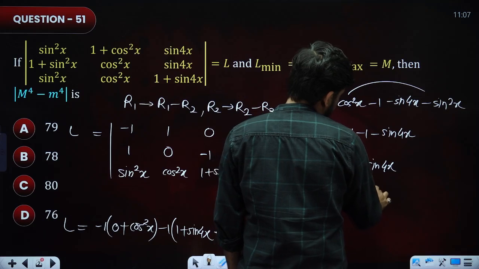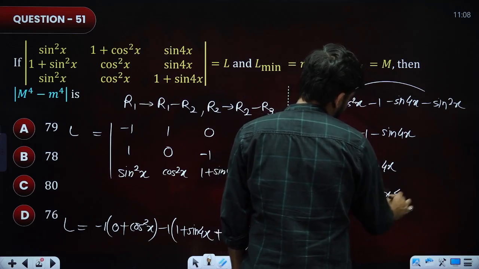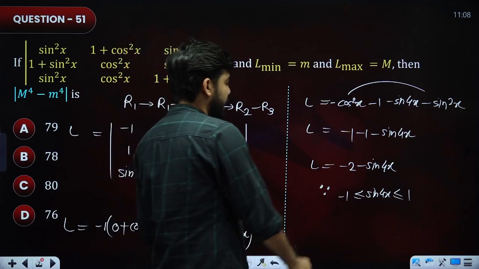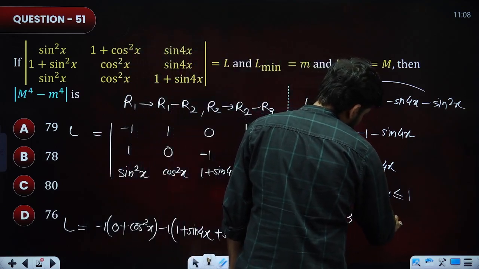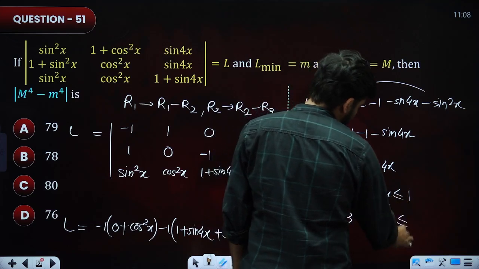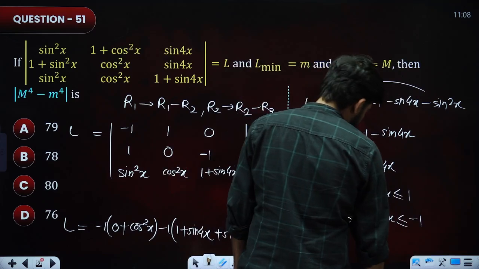Because we know that the minimum value of sin 4x is minus 1 and the maximum value is 1. If I take minus 2 over here, this is equal to minus 3. And again if I take minus 2 over here, this becomes minus 1.